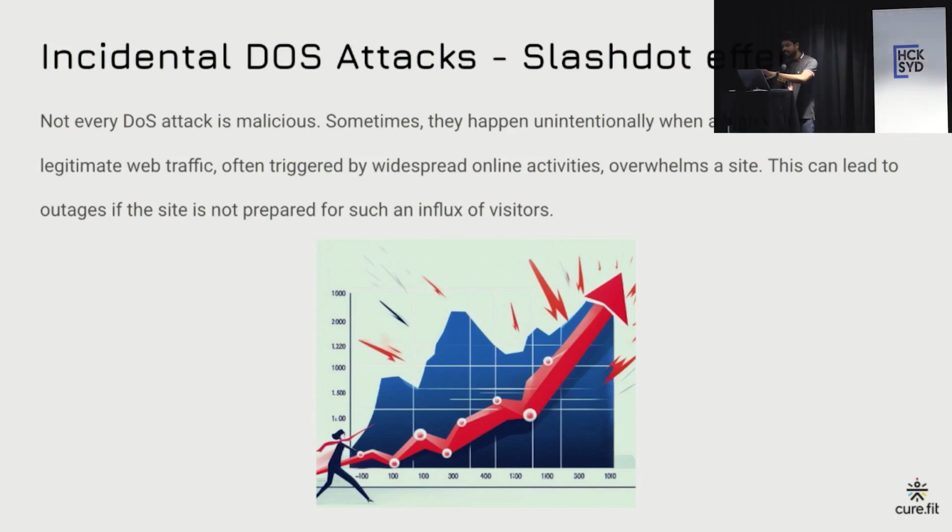So one news item was so popular that everyone started searching for it and coming to the Slashdot website, and after clicking, they would be redirected to another website. That website was not configured to serve a lot of traffic, and when a lot of users started coming, the website went down. That was totally unintentional, so I categorize it as an incidental DOS attack.